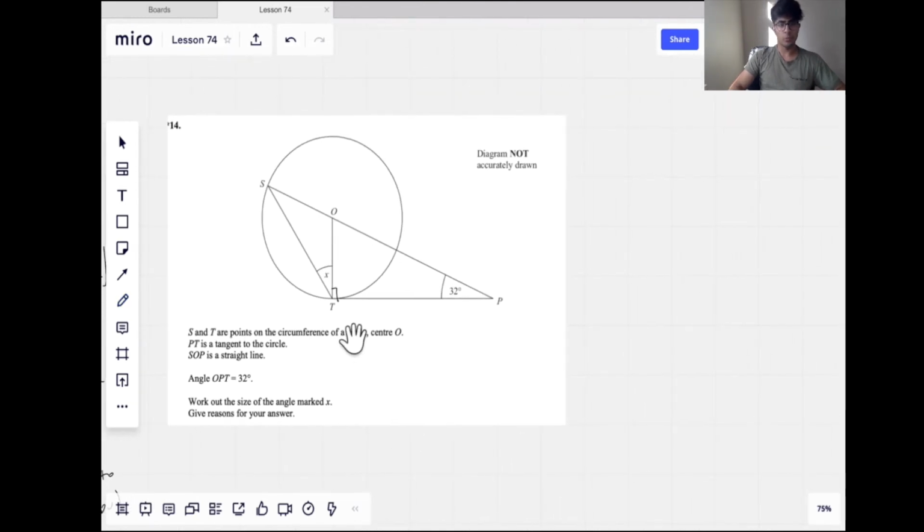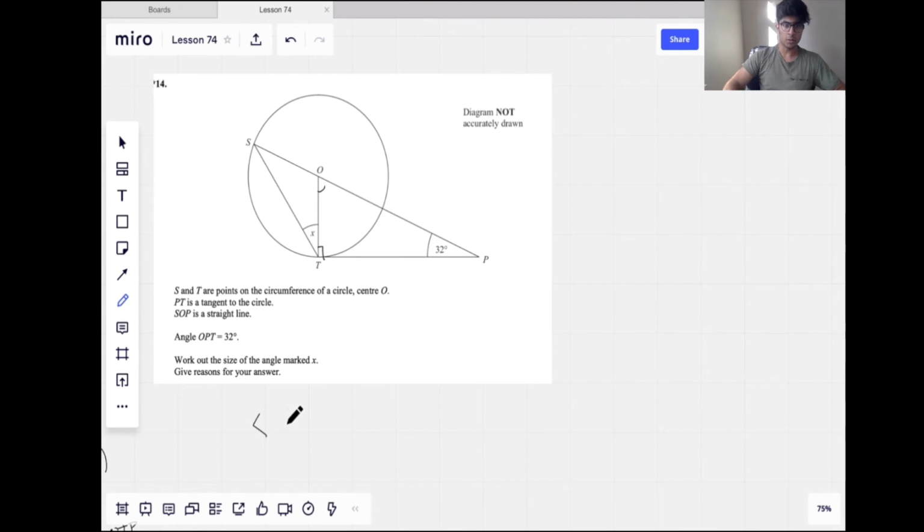Now that I marked it 90 degrees, it's obvious to me what this angle will be. This will be 180 minus 90 minus 32. So I can say, I should write before this, angle OTP is equal to 90 degrees because radius meets tangent at 90 degrees.